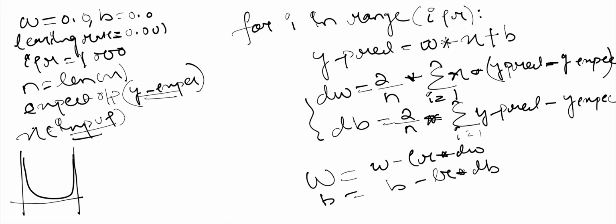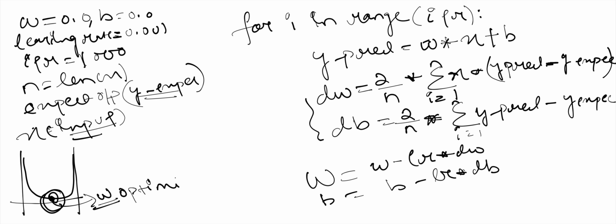The gradient descent concept works on the basis that we start at a random point on the graph. This bottom point is the most optimized point. This is our goal. This is where we want to reach. When the slope value is this, the weight value is this, the most optimized value.